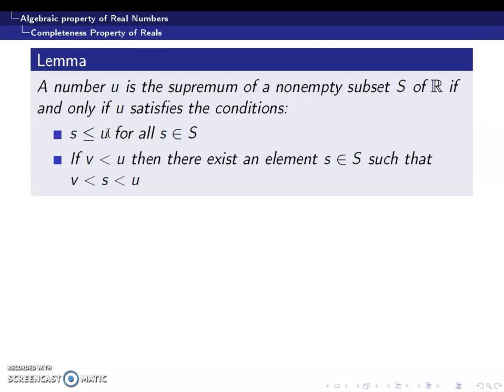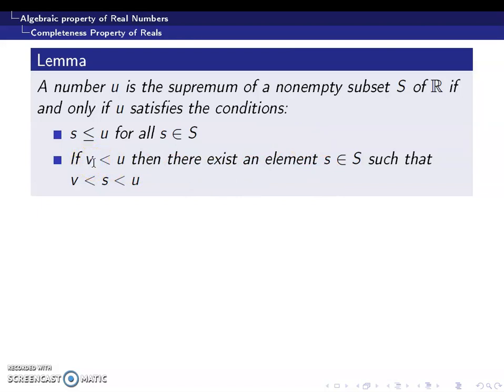Which means that any number which is less than u cannot be an upper bound. So if we take an element v which is less than u, v cannot be an upper bound of the set. So you cannot say that every element of the set S should be less than or equal to v.